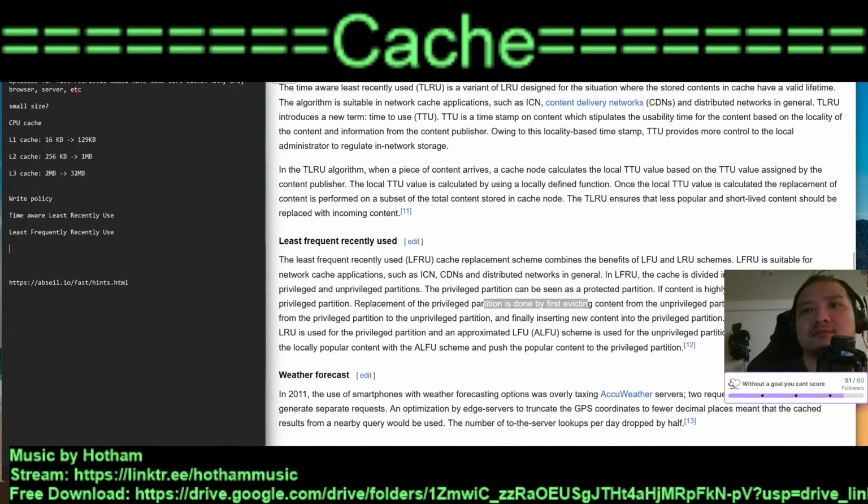So basically, you partition privileged and unprivileged. Placement of the partitions is done by specific content from the unprivileged.